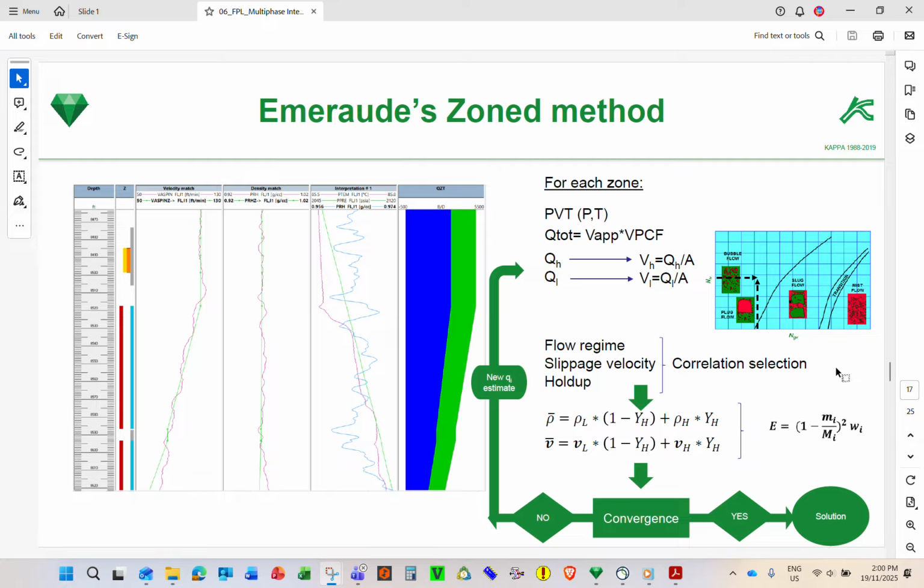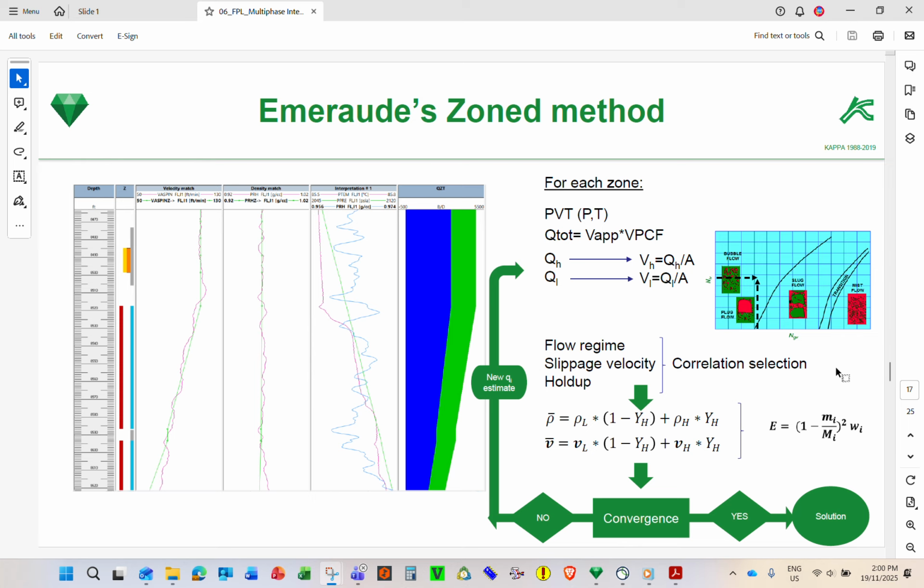If you are in very high light phase, very high gas, very small liquid, what type of flow regime? Not slug, very small water: mist.